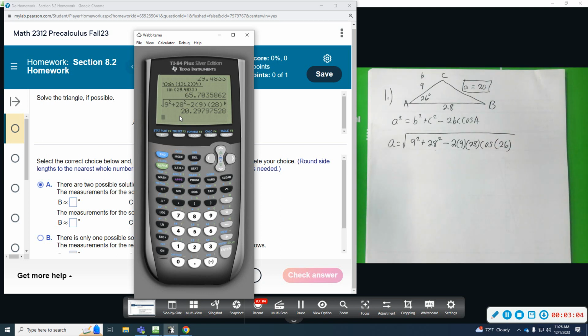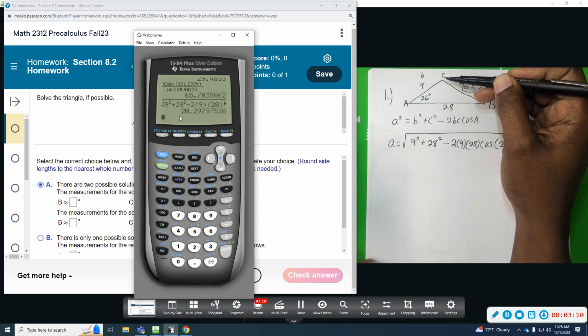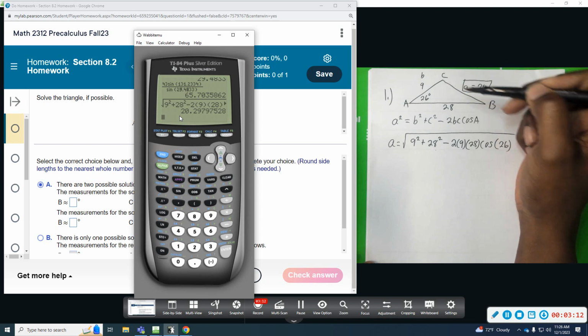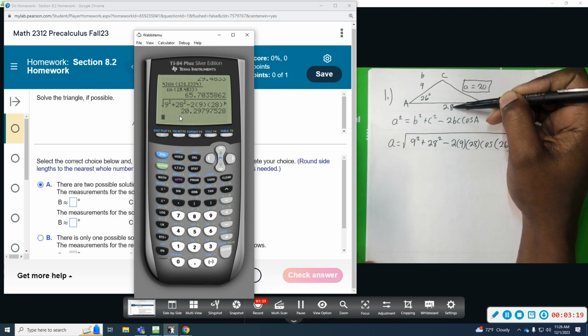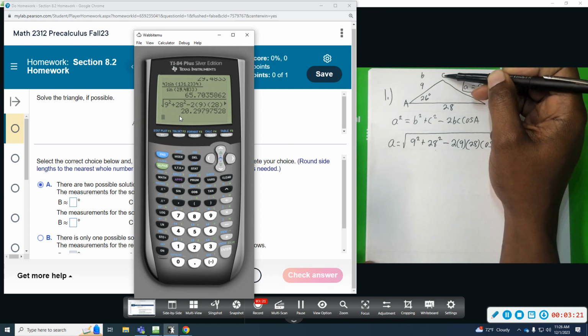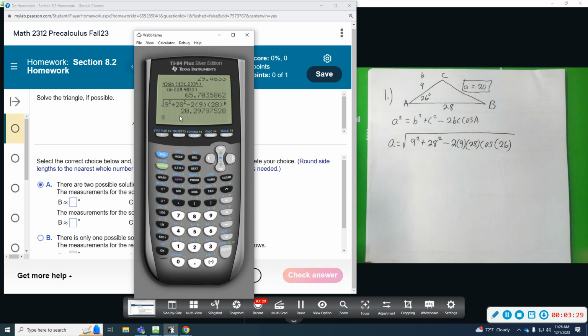And then I'll use the law of cosines one more time to figure out either angle C or B. So based on what I have, if I want to figure out B, I need A and C, which I have. If I wanted to figure out angle C, I would need B and A, and I do have that. So I could do either one of them, it doesn't matter.